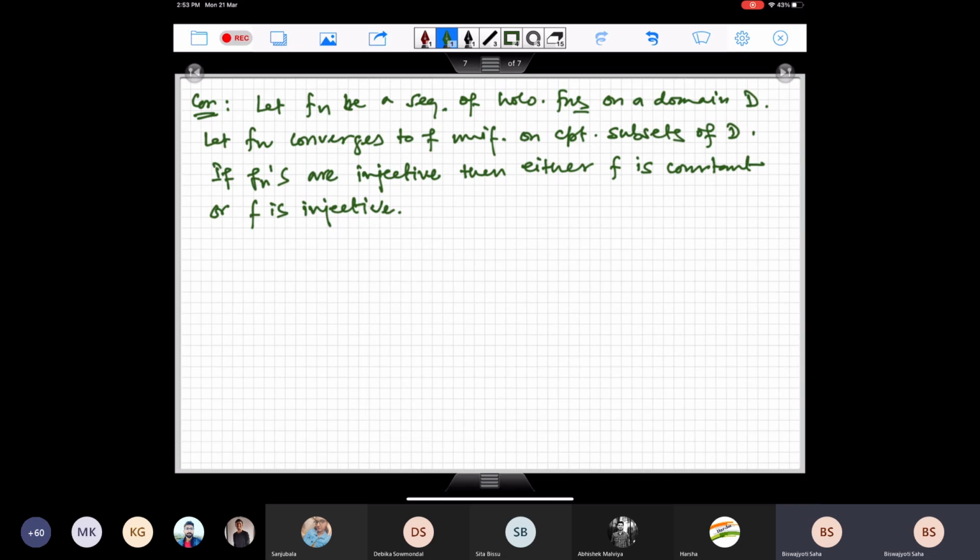Then this is an injective sequence, and on every compact subset, this is going to converge to 0. So the limit function could be constant; it need not be injective. But if it's non-constant, then it will be injective. That's the statement. So the uniform limit of a sequence of holomorphic and injective functions is always going to be injective unless the limit is constant.